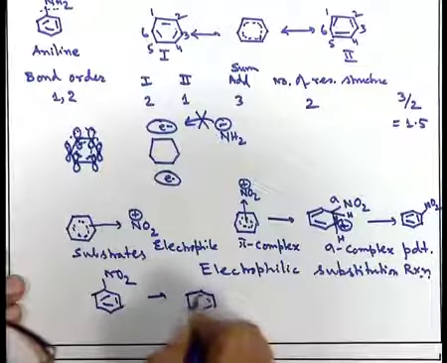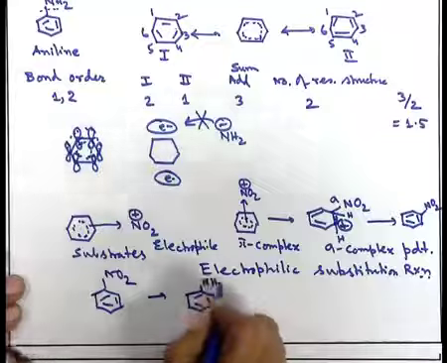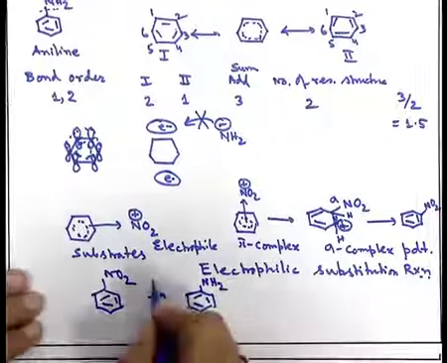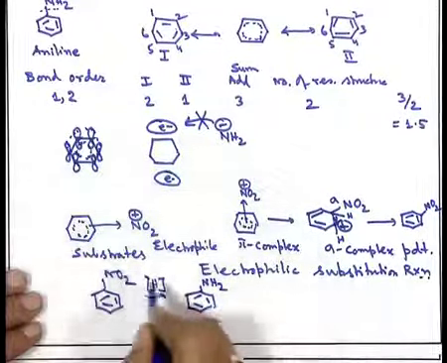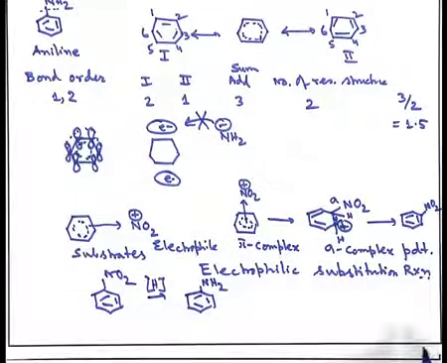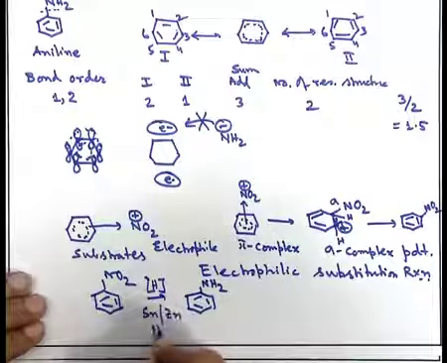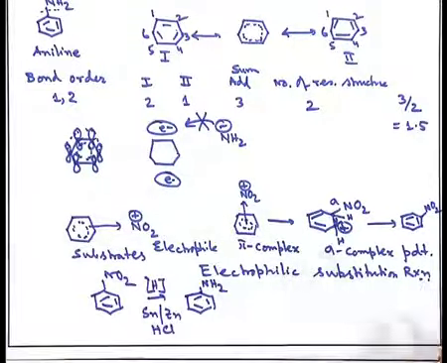The very simple answer is by reduction. By reduction, meaning by taking hydrogen, especially nascent hydrogen is very good. Tin or zinc and hydrochloric acid will be good enough to liberate nascent hydrogen, which will convert the nitro to the amino group.